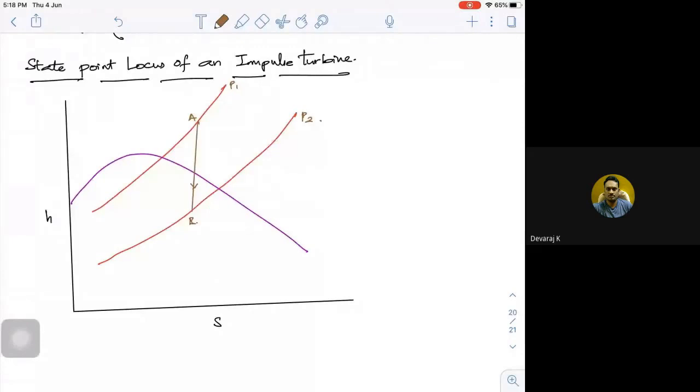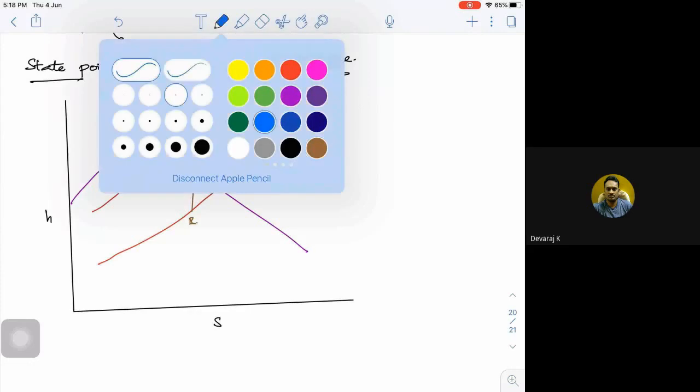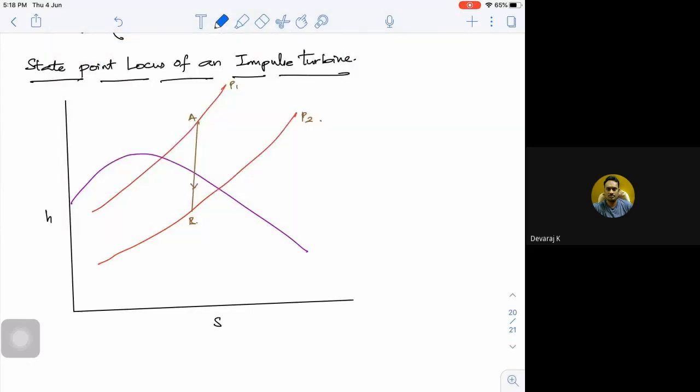As we know, according to the second law of thermodynamics, whenever any medium undergoes some kind of process, entropy keeps increasing for any actual process. So because of this, your actual process may go like this. It may reach a point, if it is exactly dry saturated, I'll call that D.